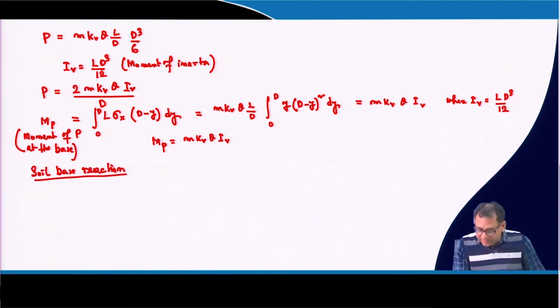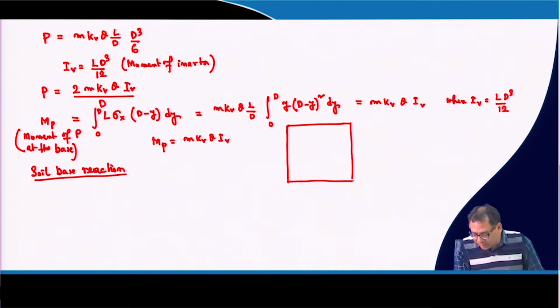To do that, if I draw this figure, this is the base of the well, or the cross section of the well, where this is the B and this is the L.